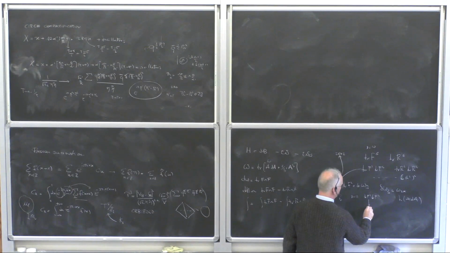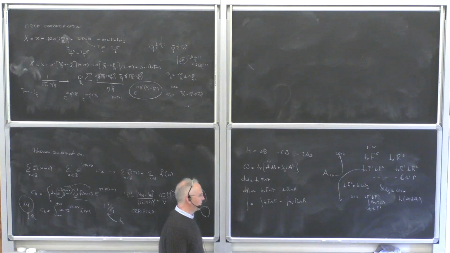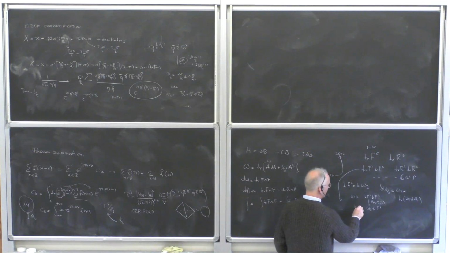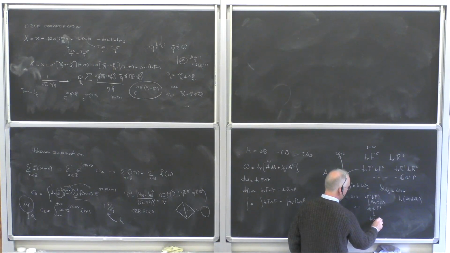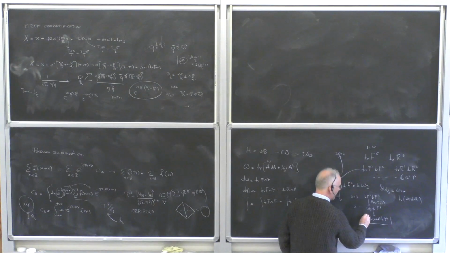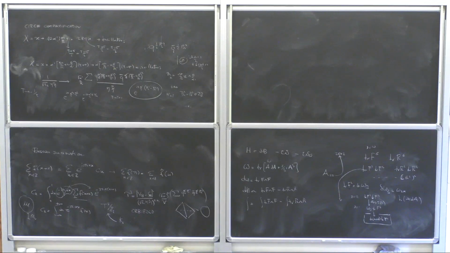In 11, you get omega 3, trace of F to the 4th. Why? Because here I would get exactly d of omega 3, trace of F to the 4th, but the d can be pulled out because the trace of F to the 4th is closed. So this way you go to D equal 11. And then if you go down here, this quantity becomes trace of alpha dA, which is a 2-form, times trace of F to the 4th. And this is one of the contributions to the 10-dimensional gauge anomaly.